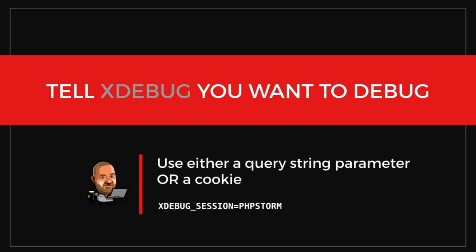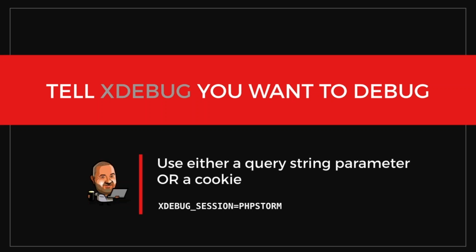We can do that by either passing in a query string parameter or setting a cookie. Either way, we use xdebug underscore session equals and an ID key. Just to reiterate, PhpStorm no longer cares what the ID key is since zero configuration debugging came in, which I believe is PhpStorm 10. I'm not 100% sure that it was 10, but I think it was.